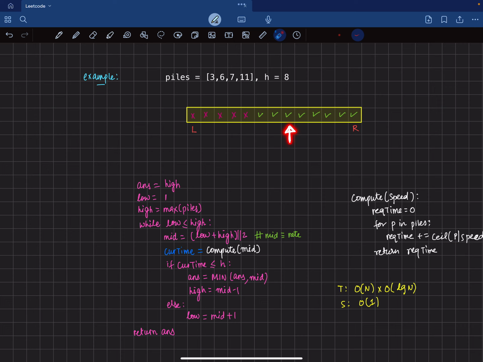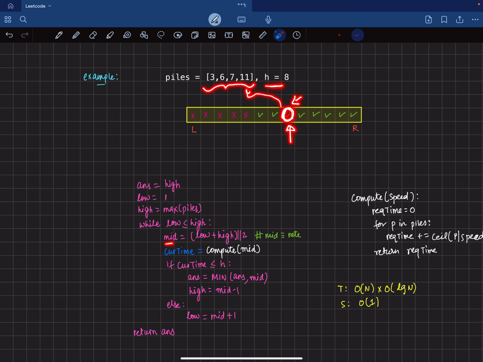If she is eating at this current speed, can we find the total amount of time she will take to consume all the bananas? Let me repeat that again. If mid points at this part, it means Koko is currently eating bananas at this speed. If Koko is eating bananas at this speed, will she be able to finish all those bananas within H hours?